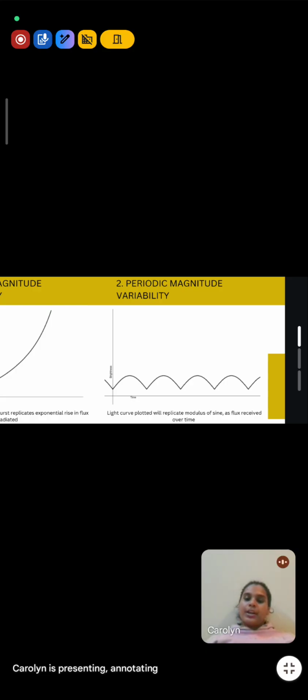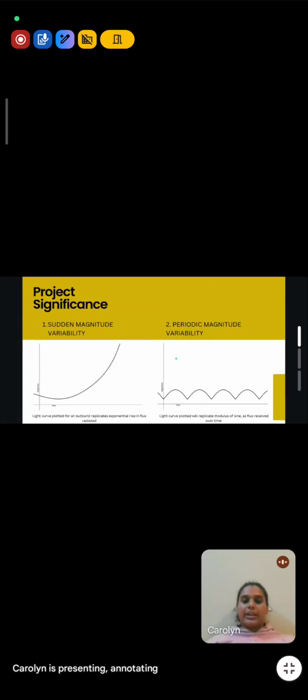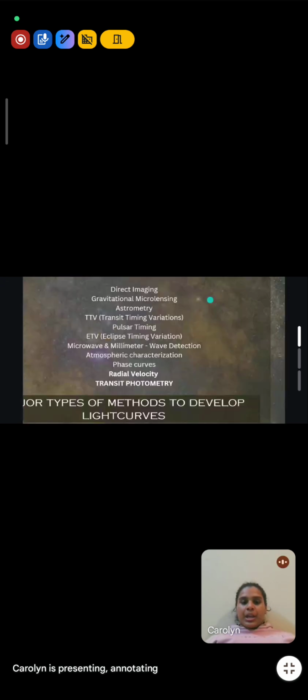When this happens, photometric analysis of these periodic magnitude variability light curves will give us some insight on the radius of the exoplanets, the orbital period, and the change in magnitude of the star. So all these can give you data on that kind of information. These are the two kinds of light curve plots that we predominantly find, right?